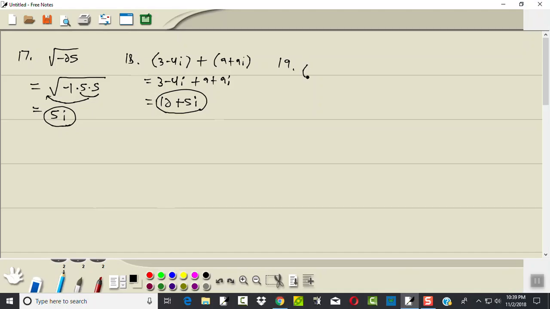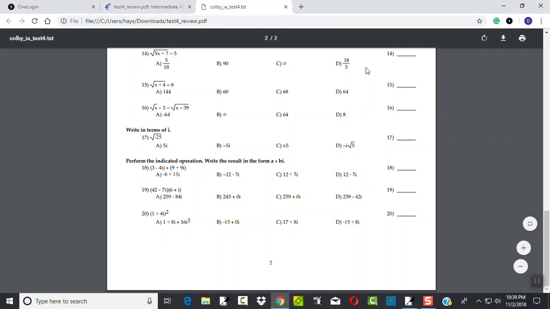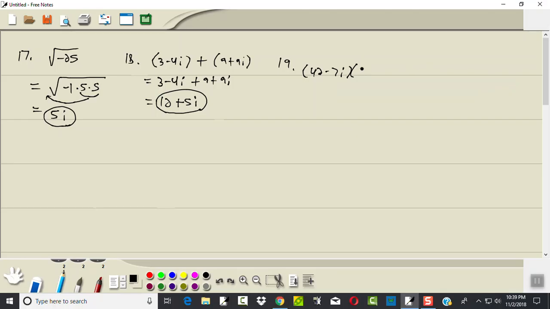Number 19. I got 42 minus 7i times 6 plus i. This is going to be foiling. Multiplying our first items together, so 42 times 6. Multiplying our outer items together, 42 times i. Our inner items, negative 7i times 6.